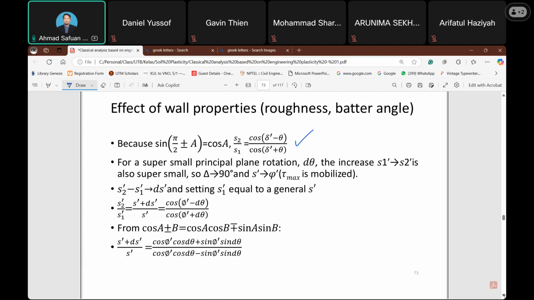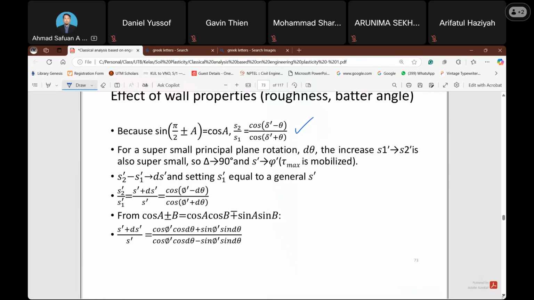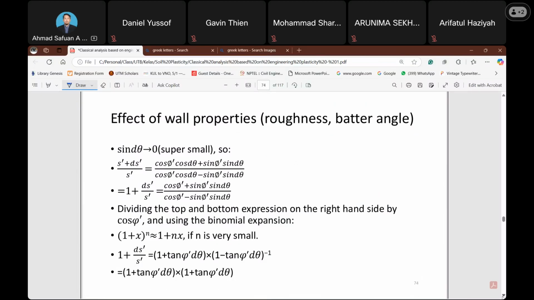Okay. So by using another trigonometry identity, okay, so then we get... okay, then the d theta is considered super small. Okay, then we simplify it later on.